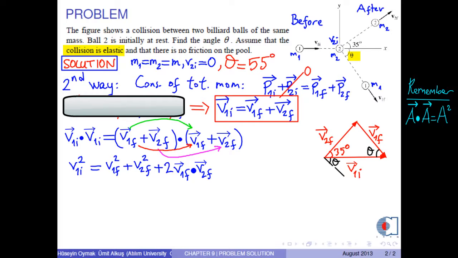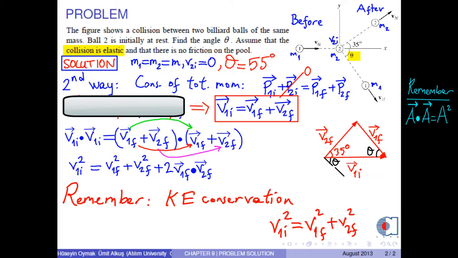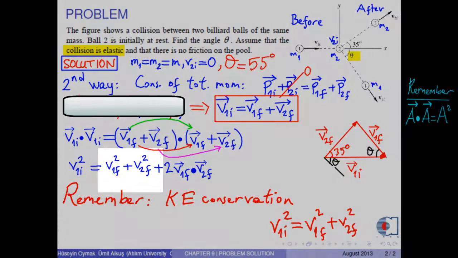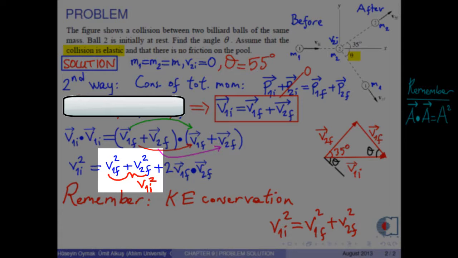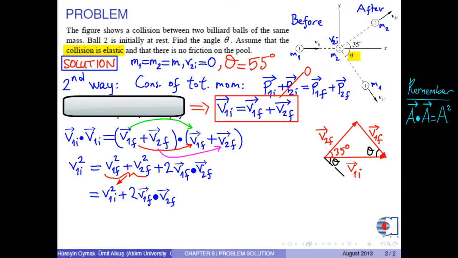Remember from the first way that kinetic energy conservation gave us v1i squared equals v1f squared plus v2f squared. If we insert this result into the equation, we obtain v1i squared plus 2 times v1f dot v2f. v1i's are cancelled, and from the definition of dot product, we have v1f times v2f times cosine theta plus 35 degrees.